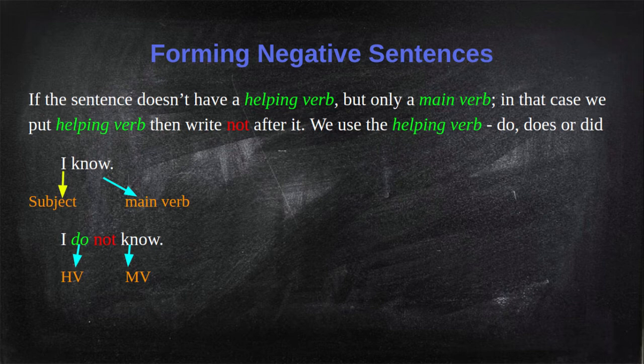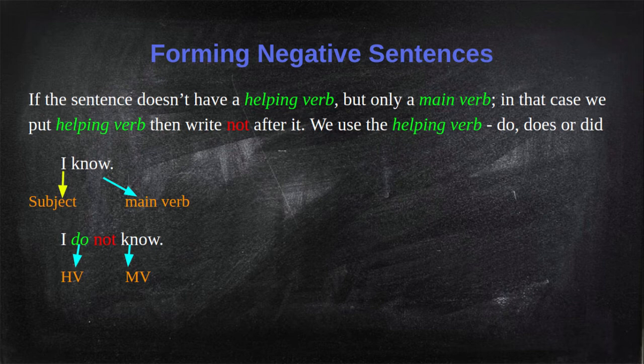The helping verb we write from do, does or did. Either we use do or does or did. Do is used with plural nouns or I. Does is used with singular nouns. Do and does are used in the present tense.